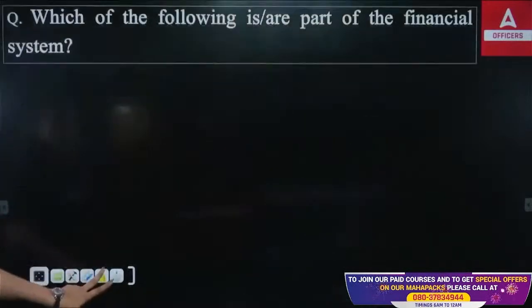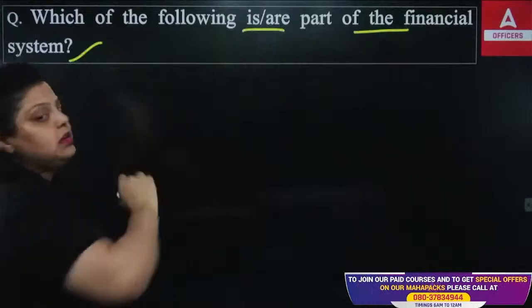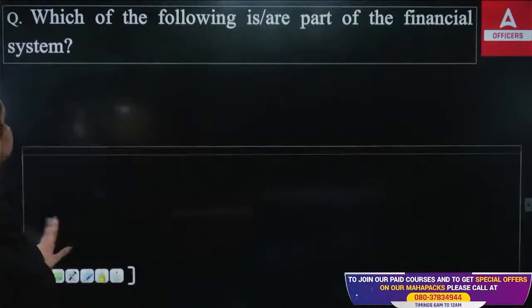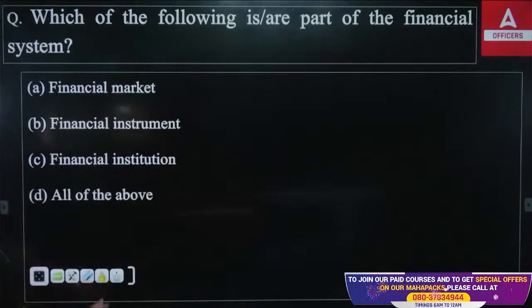Okay. The next question is about which of the following are a part of the financial system. The options are financial market, financial instrument, financial institutions, and all of the above.